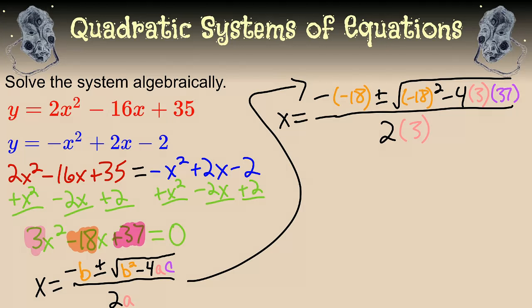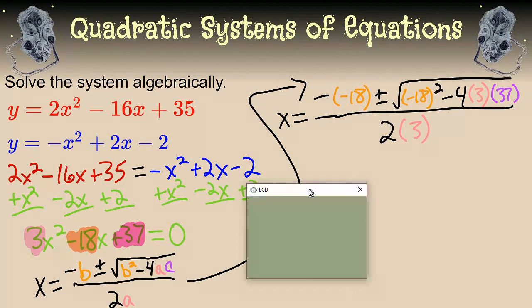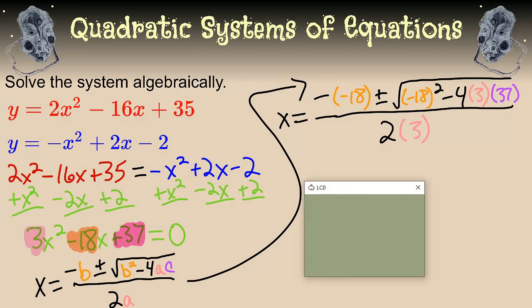Now, if you have a calculator like the TI-84 or some app like it, then you can just take care of the parentheses underneath the square root there, all in one.